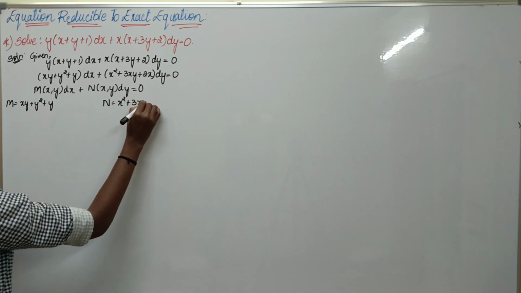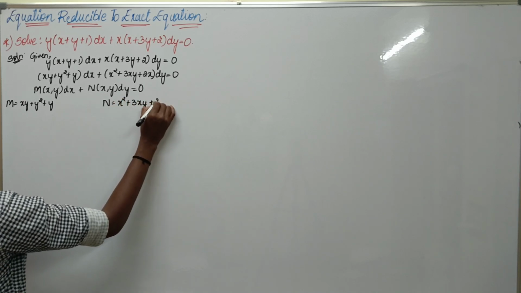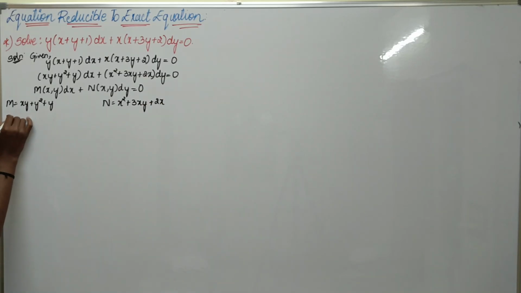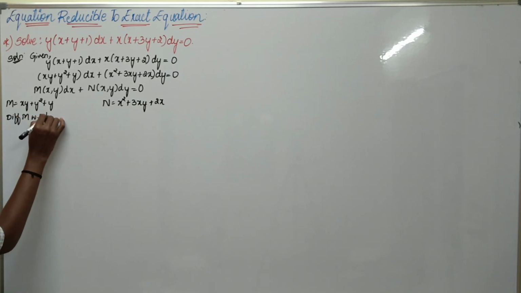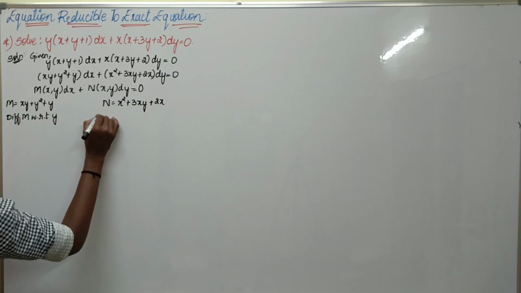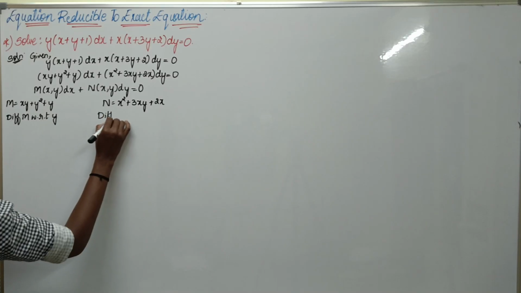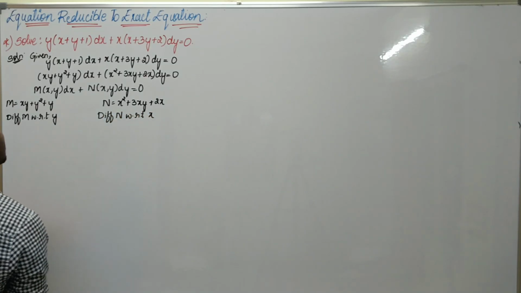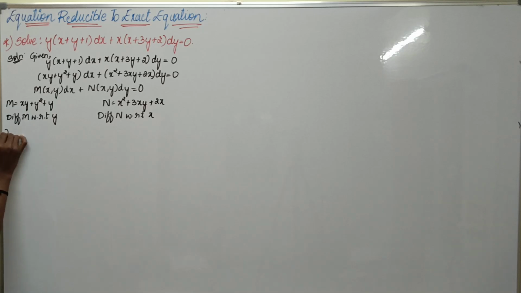Now I need to differentiate M with respect to y. Similarly, I need to differentiate N with respect to x. First, let us differentiate M, that is dou M by dou y. I need to differentiate term by term with respect to y.